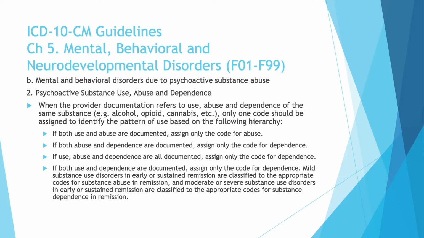If both use and abuse are documented, assign only the code for abuse. If abuse and dependence are documented, assign only the code for dependence. If use, abuse, and dependence are all documented, assign only the code for dependence. And if both use and dependence are documented, assign only the code for dependence.